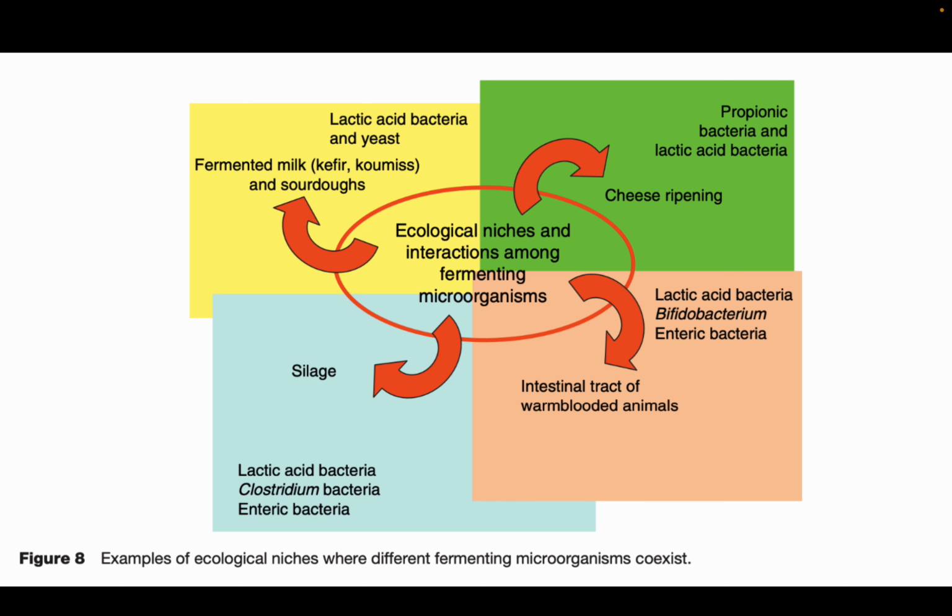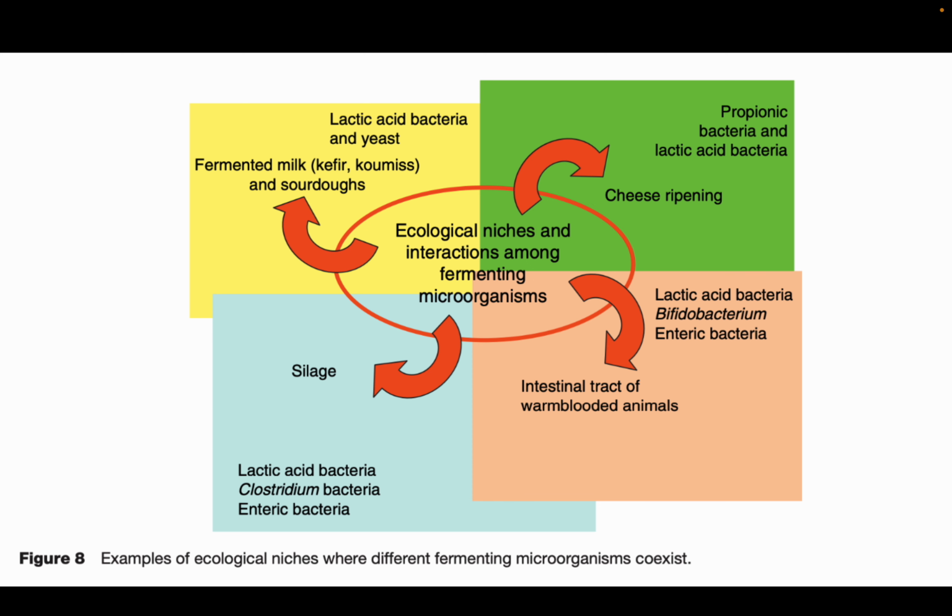So in cases of fermented milk products and sourdough production, your primary activators or species of concern are lactic acid bacteria and yeast. In the ripening or maturation of cheese products, propionic acid bacteria and lactic acid bacteria are the primary activators.